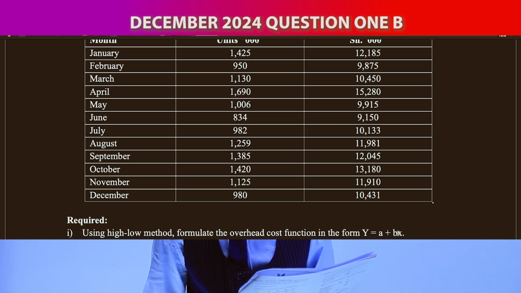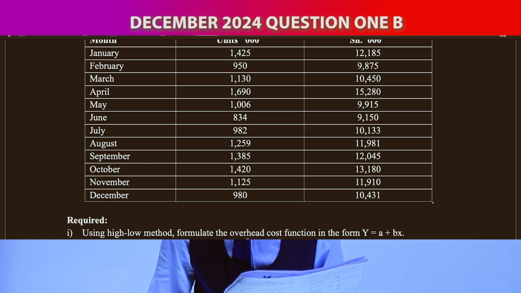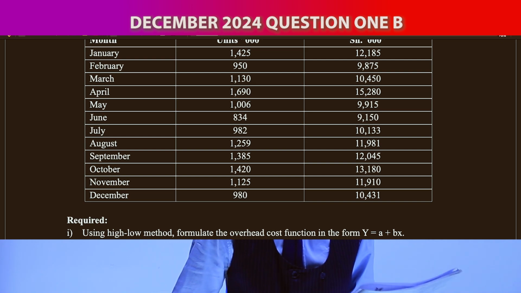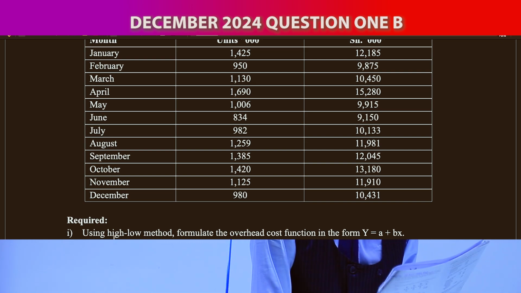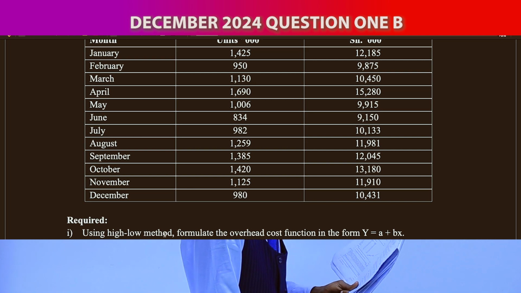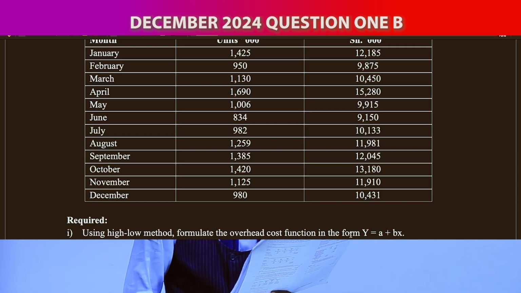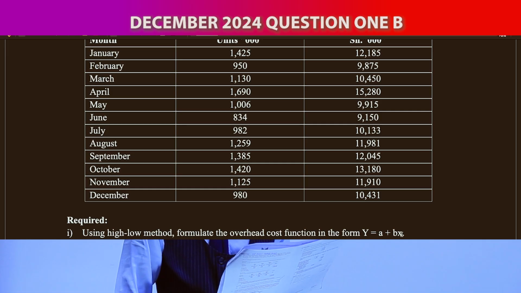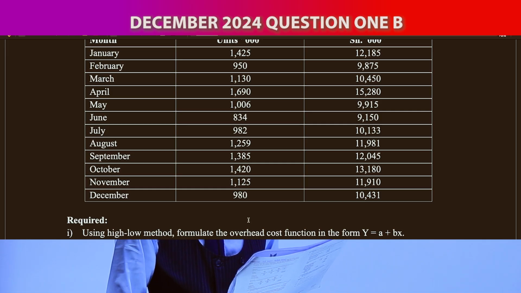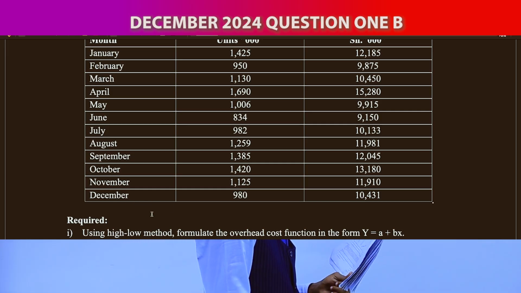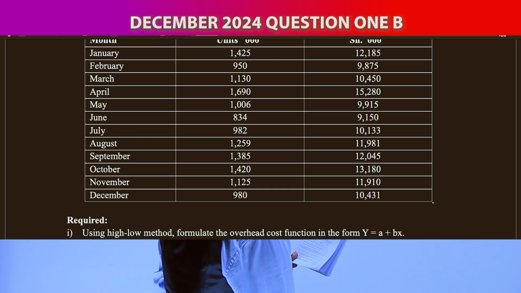Required: using the high-low method, formulate the overhead cost function in the form of y is equals a plus bx.